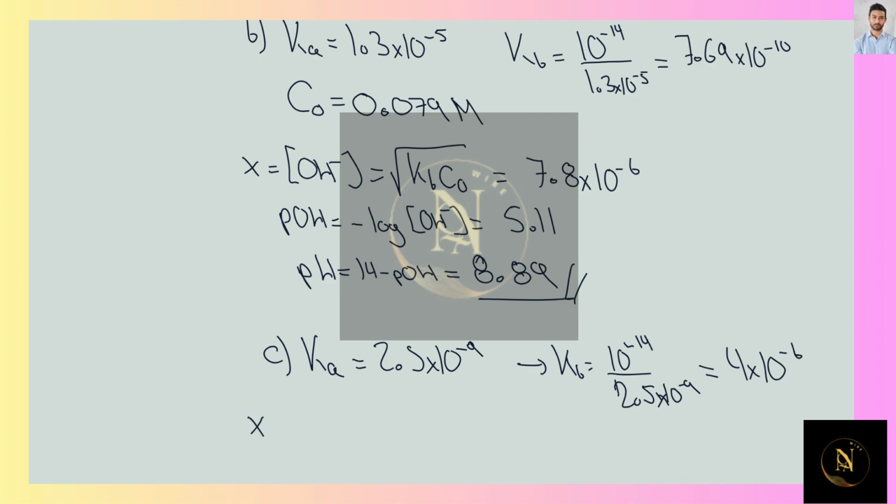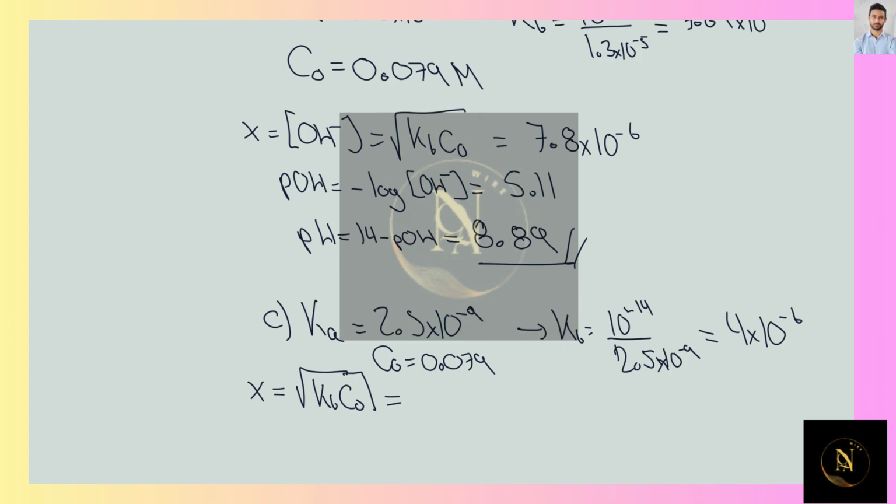We know that x is the square root of Kb times my initial concentration, which I mentioned was 0.079 as well, giving us a result of 5.62 times 10 to the minus 4.